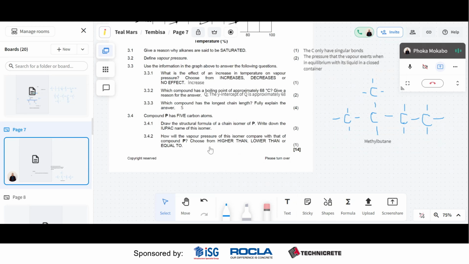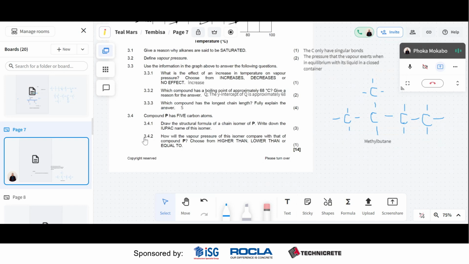Oh, by the way, just to add, the other possible chain isomer of P would have been dimethyl propane. And for the exact same reason, you would not need to include the position of this branch in dimethyl propane because of redundancy.